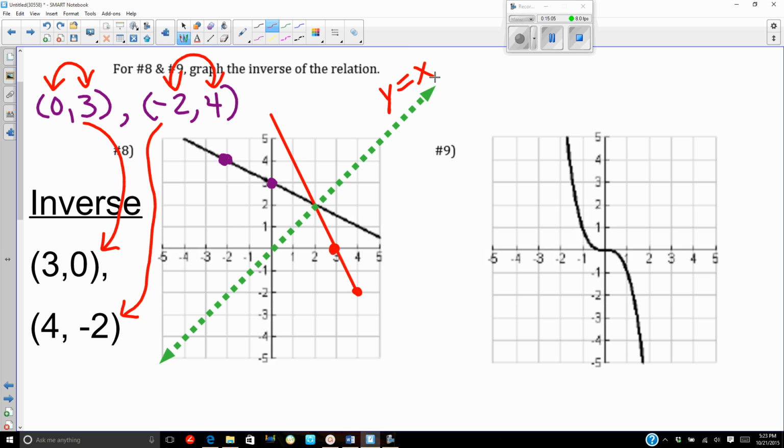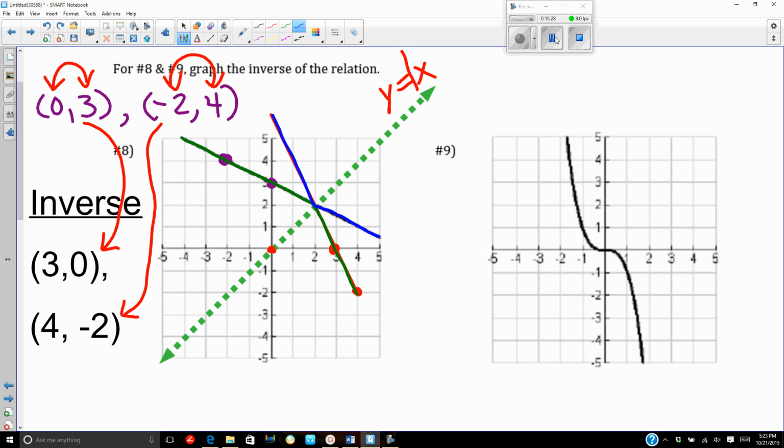That's a line with a slope of 1, up 1 over 1, and it crosses at the origin. Essentially, if we folded this piece right here, it would fold onto this piece right here, and this piece here would fold onto this piece there.